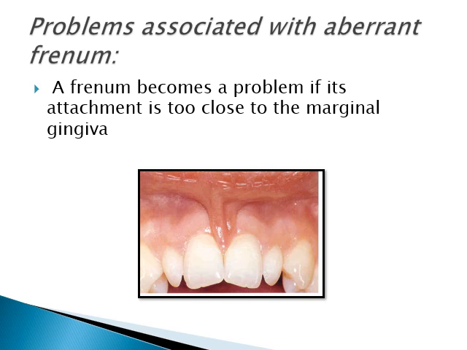Problems associated with aberrant frenum. The frenum becomes a problem if its attachment is too close to the margin. As you see in these figures, it is difficult for the patient to maintain good oral hygiene and to place the head of the toothbrush to keep this area clean.